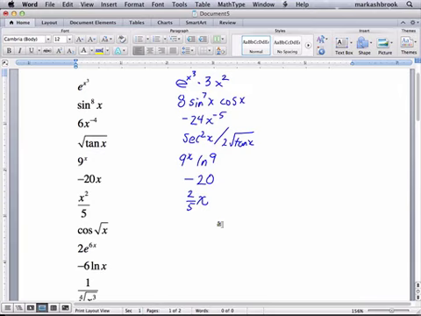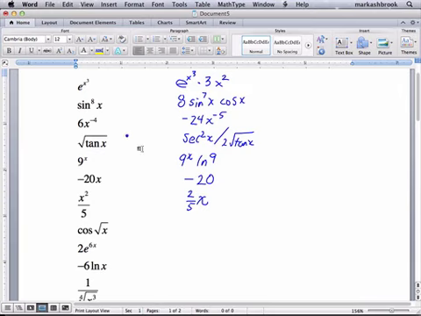There we go. Okay. So like this one, how can you do this without a fraction? It's the same as 1/5 x squared. That's what you have to be able to do quickly, or else you'll get stuck.